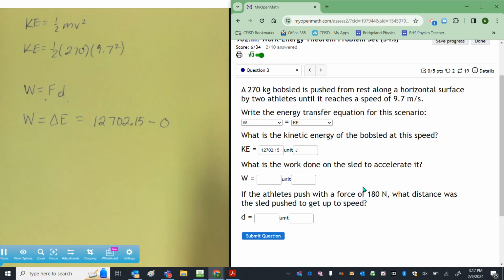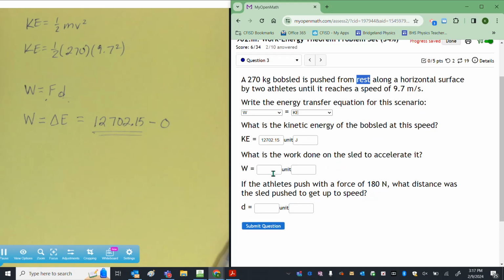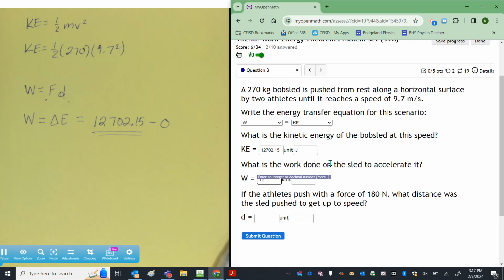Because again, it says it was at rest right there in the question. So my work is the same exact value as my kinetic energy. And again, that's what my equation says up here. Work equals KE. So that's going to be that 12,702.15 again. The units for work are the same as our units for KE.